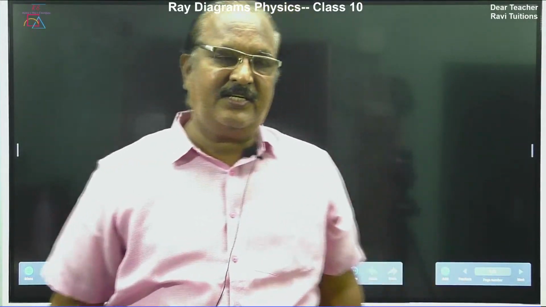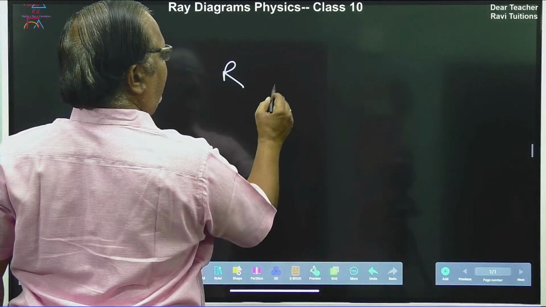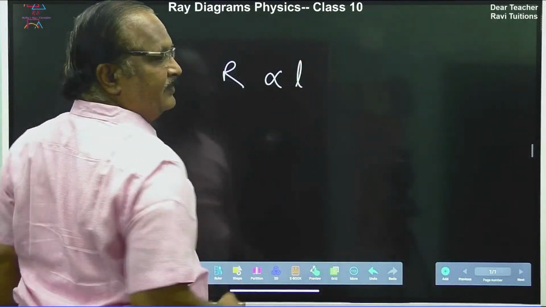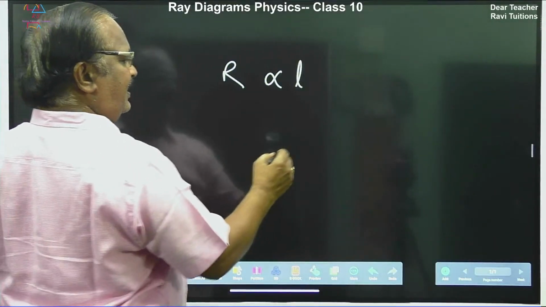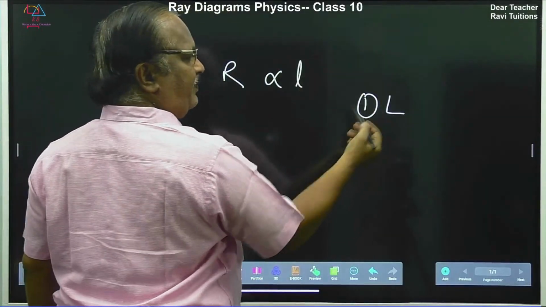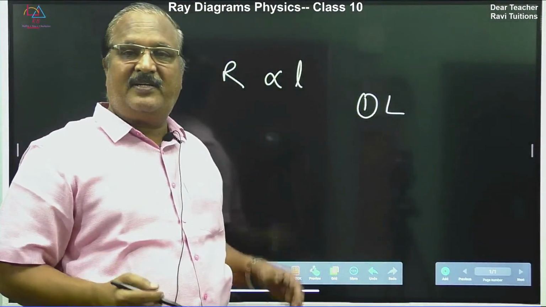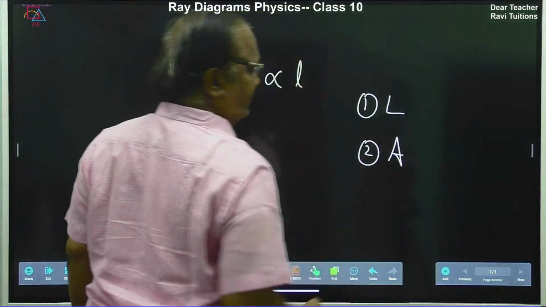So that's what today: resistance, factors affecting resistance. Resistance is directly proportional to L, the length of the conductor. This first one is the length. Resistance is affected by the length of the conductor, and by the area of cross section.